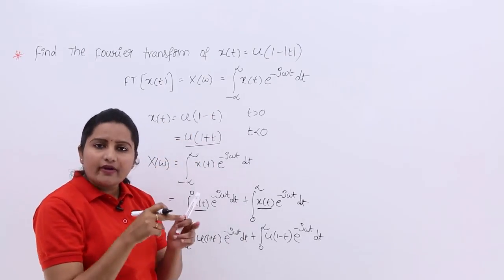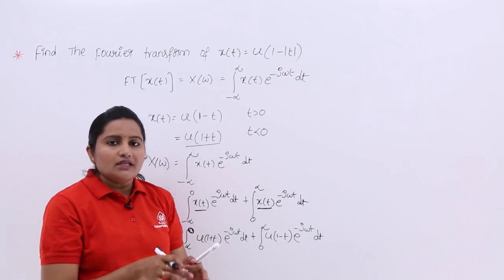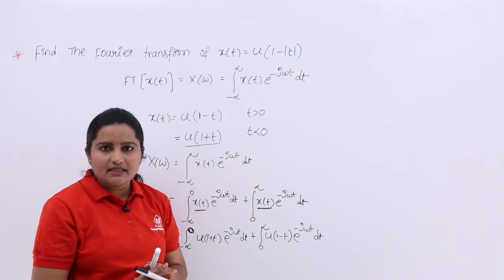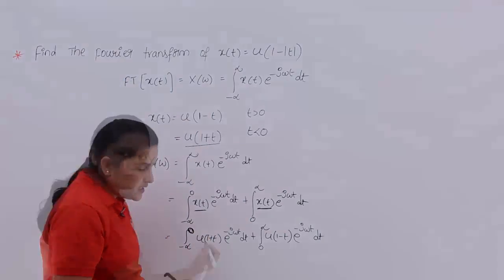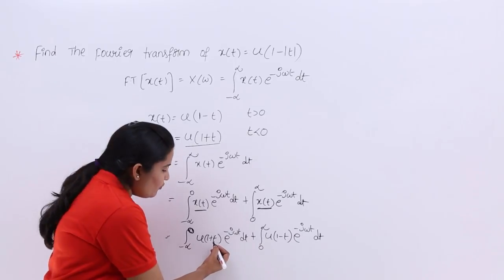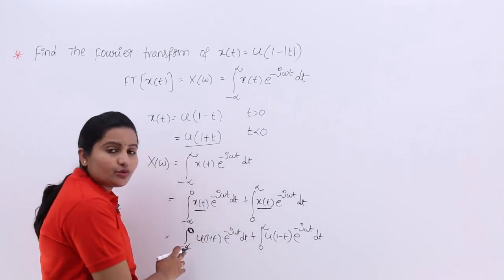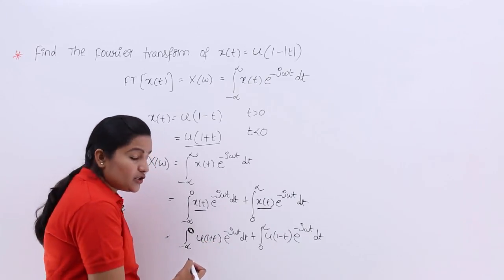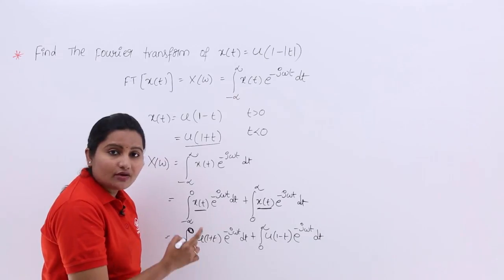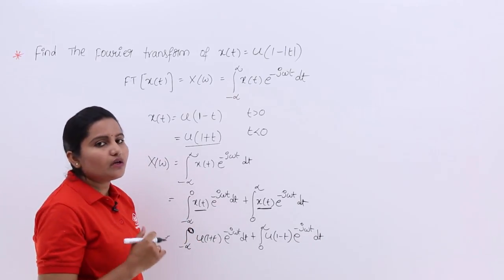Like that, when you see a unit step function in an integration, you need to check for the revised limits of that integration. You can revise the limits by equating 1 plus t to 0, and then you get your lower limit. If you equate 1 plus t to 0, you get t equal to minus 1, and that minus 1 you will consider as your lower limit.